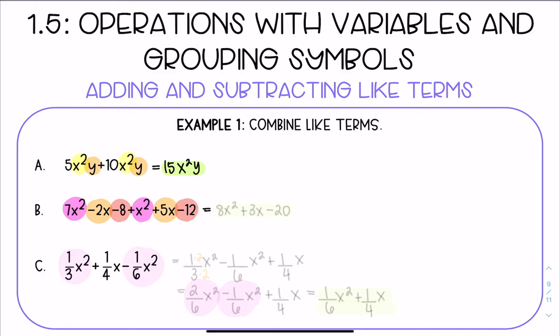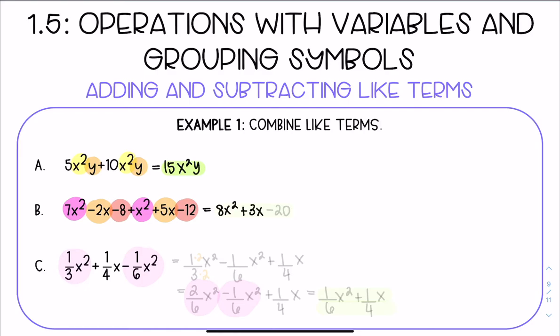So let's go ahead and add these together. We've got 7x squared plus x squared. That's going to give me 8x squared. We have negative 2x plus 5x, which is going to give me 3x.